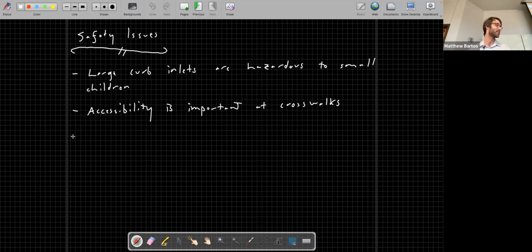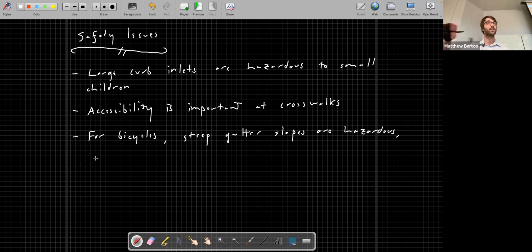So for bicycles, steep gutter slopes, so steep lateral slopes, can be hazardous. And graded curb inlets can also be hazardous. And that about covers all the safety issues I can think of.